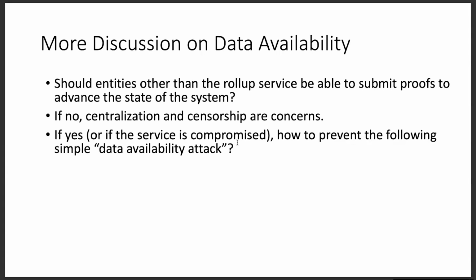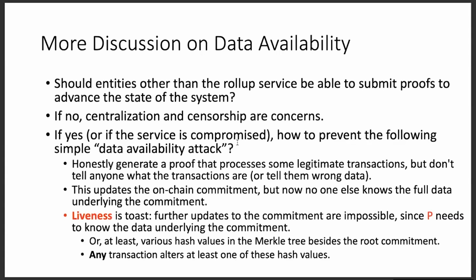A party, whether the person who has taken over the rollup service or anyone out there who's allowed to function as the prover, can honestly generate a proof that processes some legitimate transactions, but then they just don't tell anyone in the world what the transactions are, or they put out fake transactions that don't actually correspond to the proof. If you're not careful and are not checking for that, they could try that. And the point now is that the system has been updated on chain.